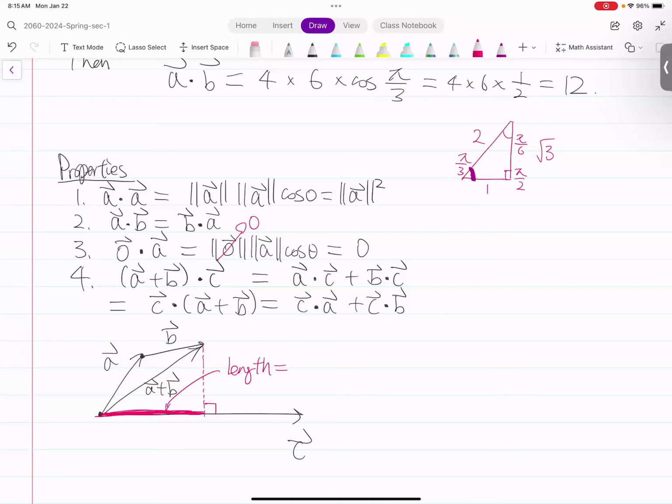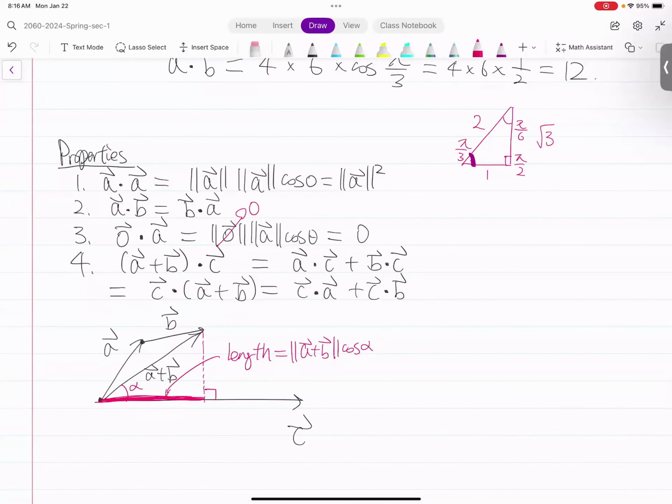So I'm thinking, we don't really need too many angles. So let's call it alpha. This is alpha. So that's the magnitude of A plus B times cosine of alpha, right? So we have A plus B, that's a vector, and between this vector and C there's gonna be angle alpha, right?